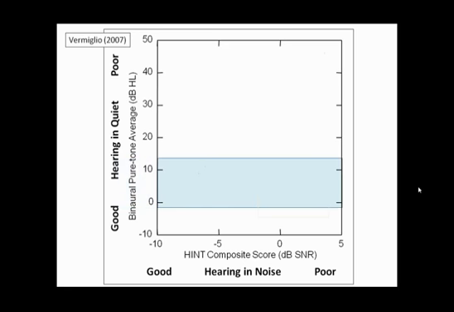This is the range of norms for the binaural pure tone average from the 5th percentile through the 95th percentile. So any datum that appears in that shaded region, we're going to call within normal limits for pure tone thresholds.